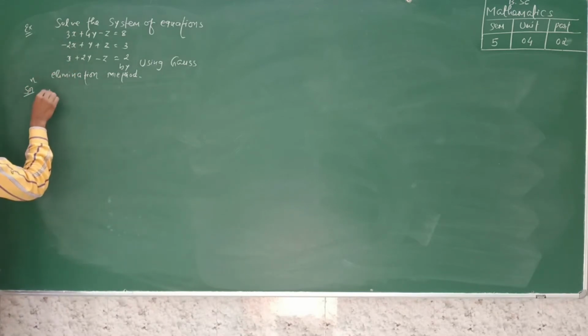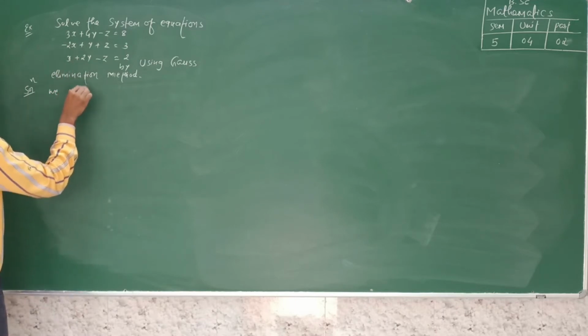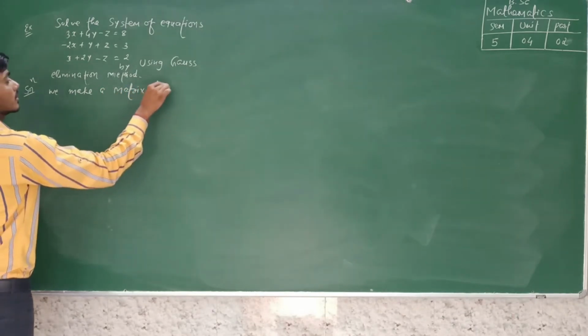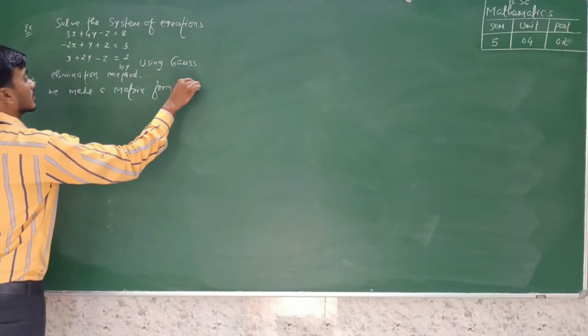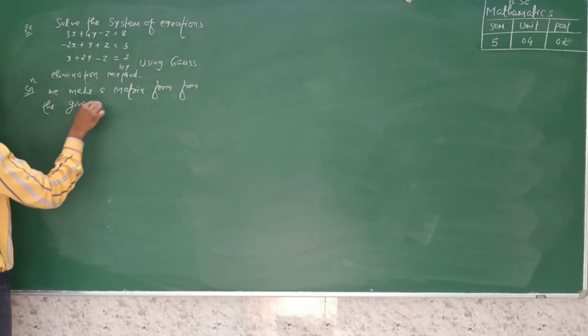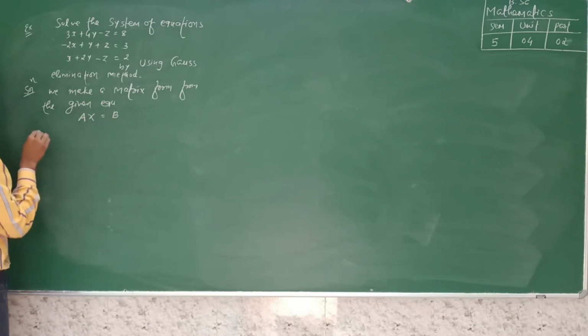So first of all, we make a matrix form from the given equations, of the form Ax is equal to b.